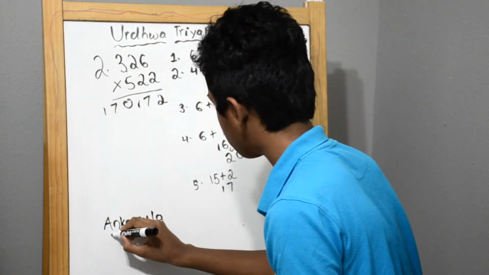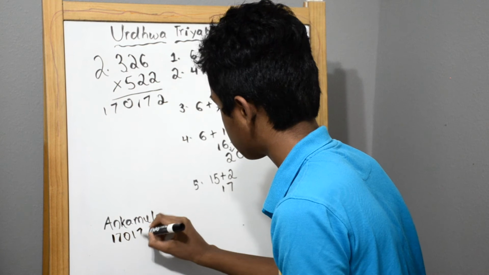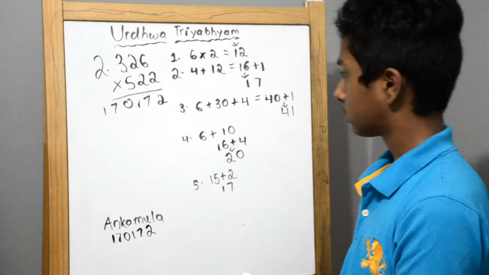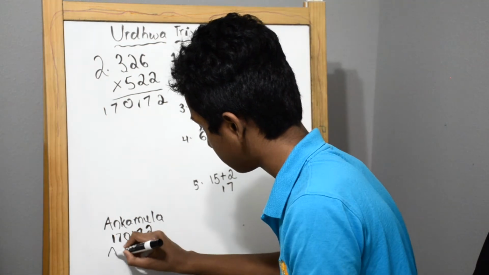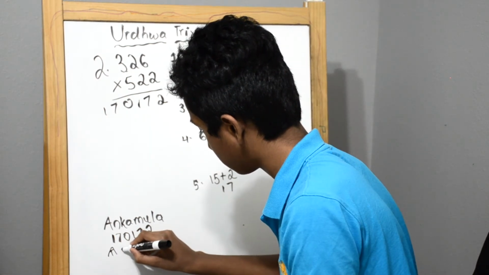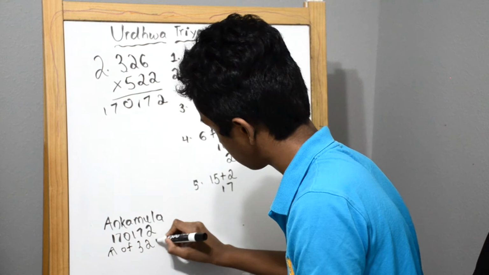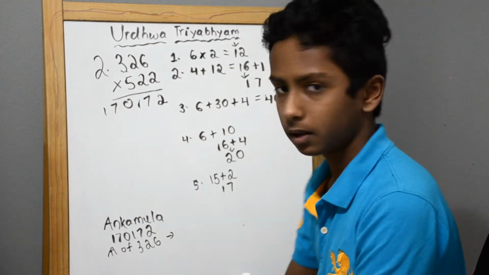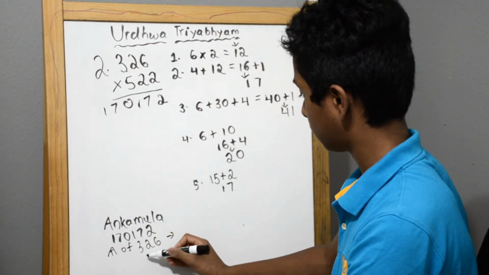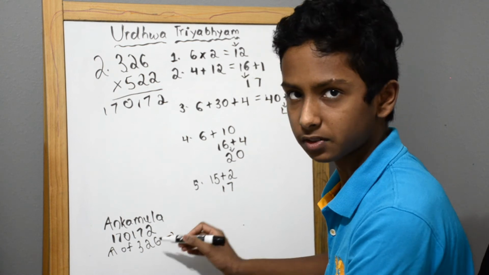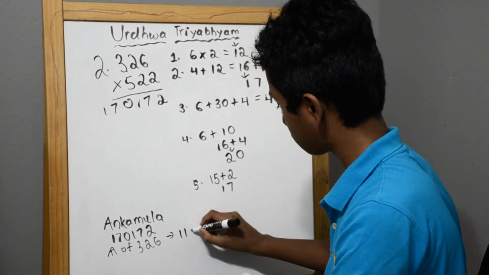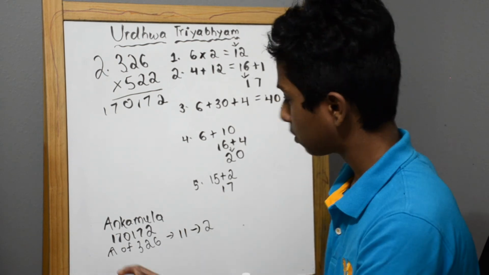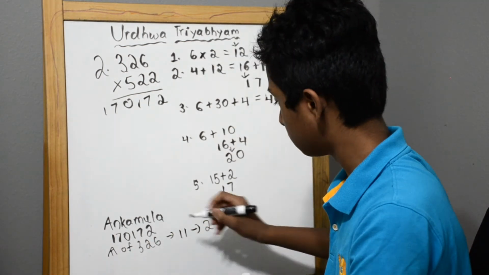So our answer was 170172. So what we're going to do is take the Anka Mulla of the first number, and what we're going to do is we're going to say, okay, 3 plus 2 is 5. 5 plus 6 is 11. 1 plus 1 is 2. So the Anka Mulla of 326 is 2.